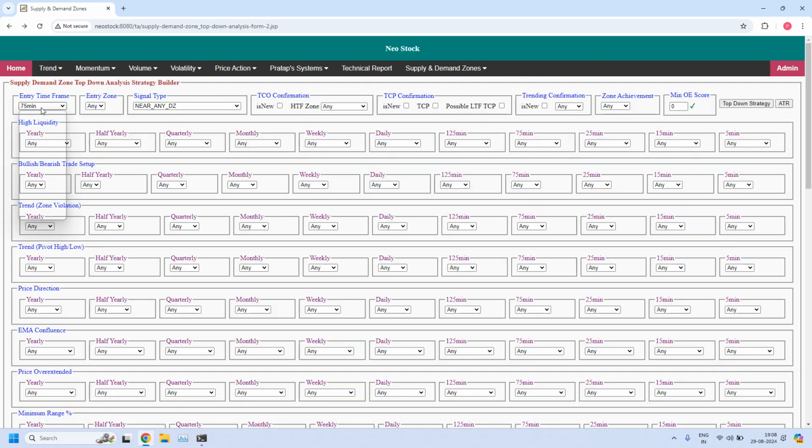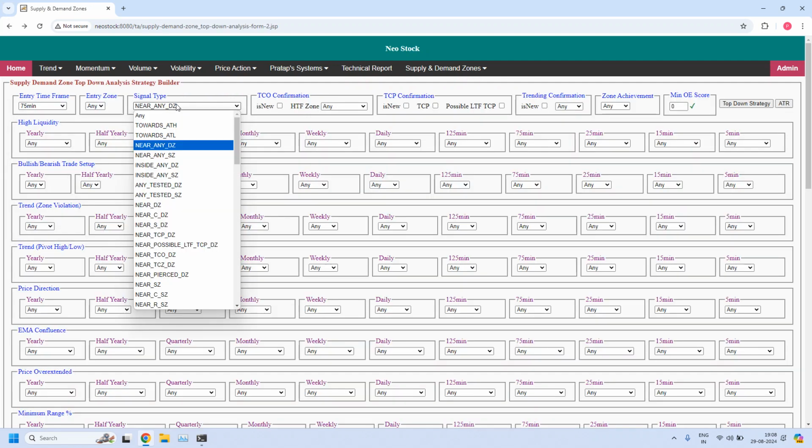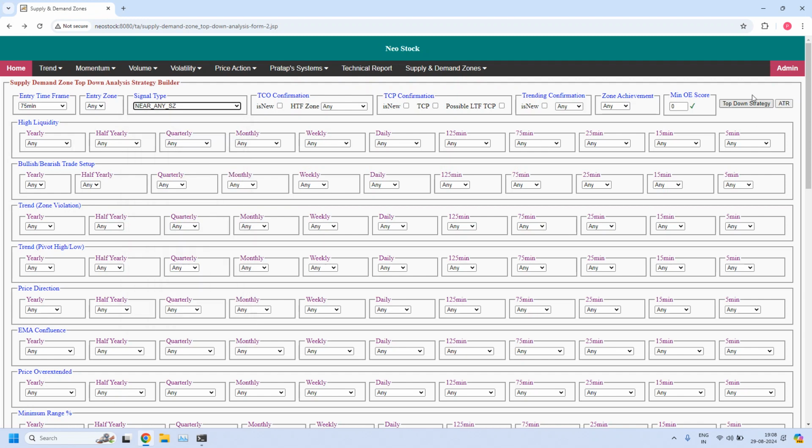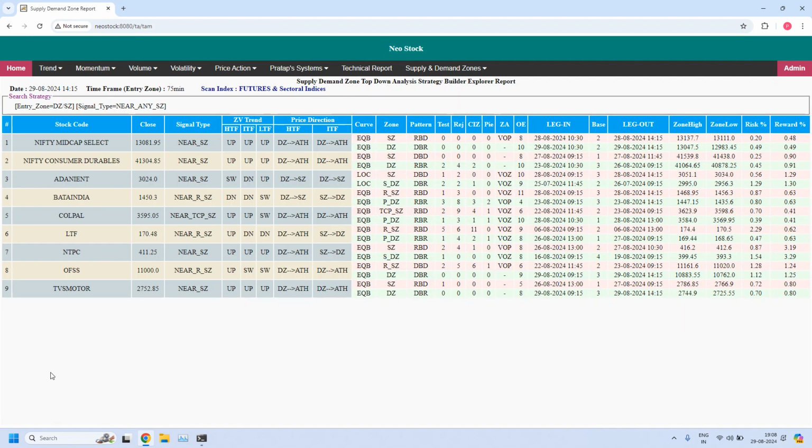The next report for 75 minutes time frame, let us find the stocks near 75 minutes supply zone. 9 stocks are filtered. Let us identify any high liquidity supply zones from this list. Bata India is having a 75 minutes high liquidity supply zone. Opal is pierced, so it is not valid.